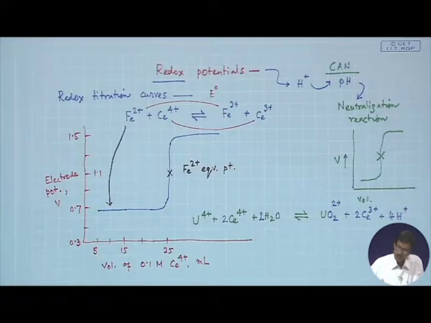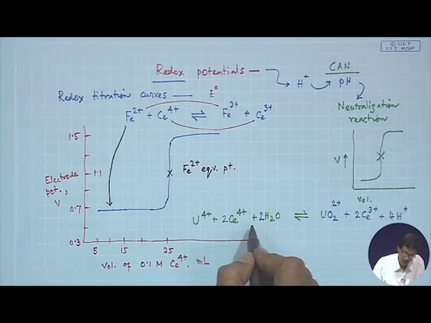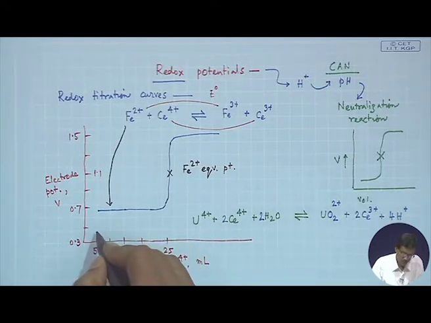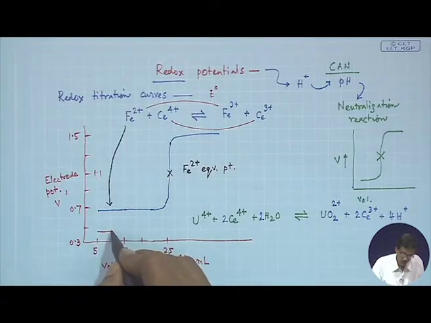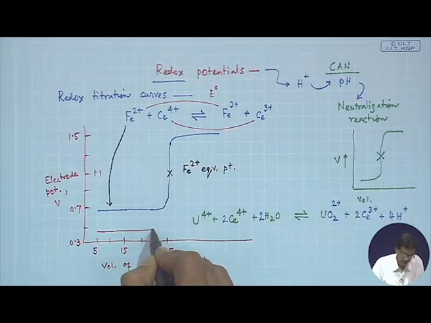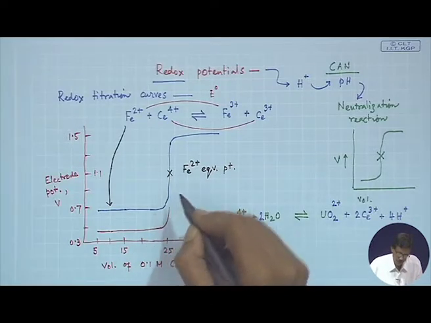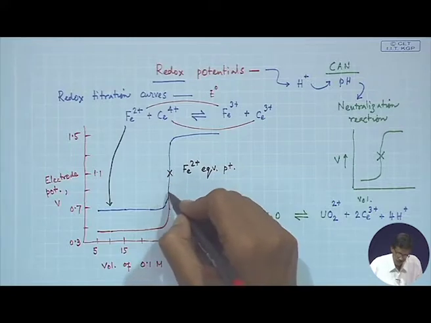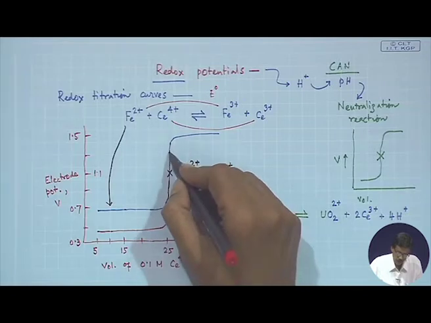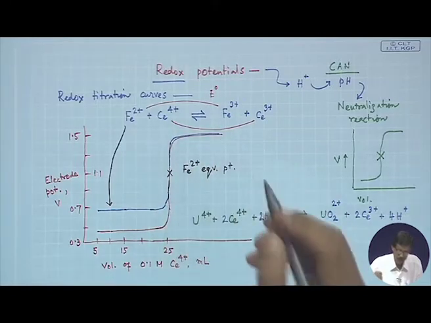So, this particular thing, and also the corresponding uranium one, where the potential is less. So, it will be above 0.3 volt, and it also goes like this, and you have the corresponding values like this, and it goes like this.